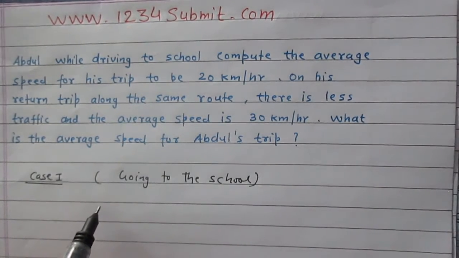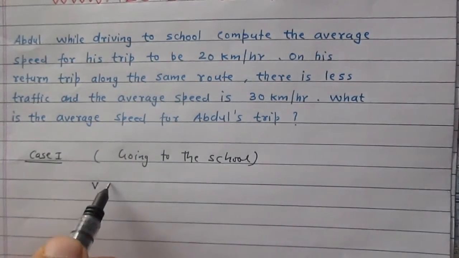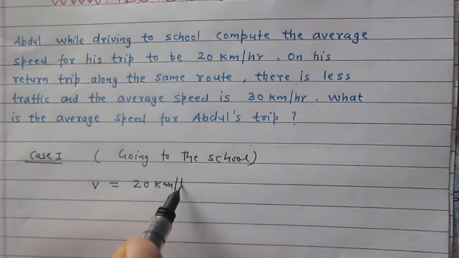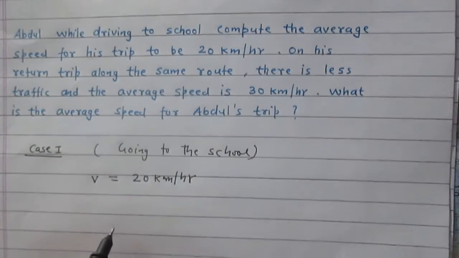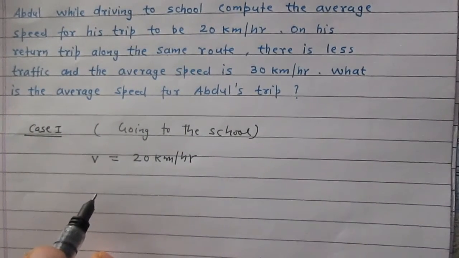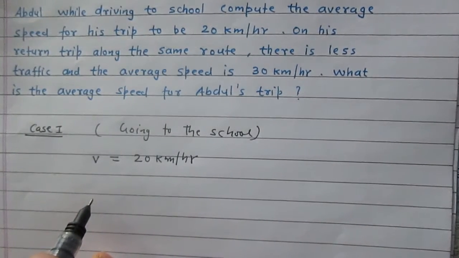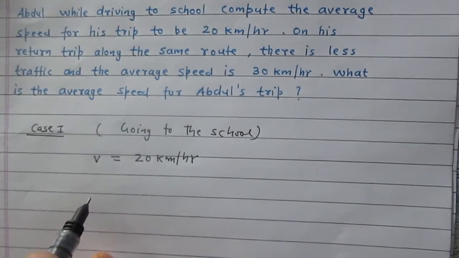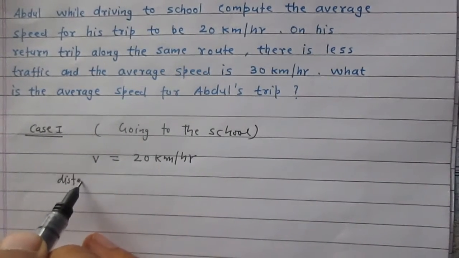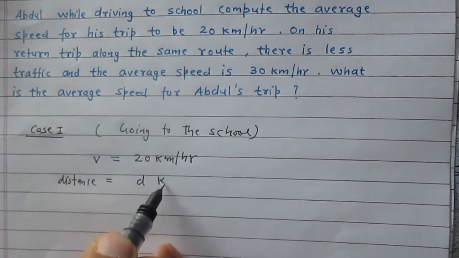So average speed, let's consider it V, is 20 km per hour. Let us assume that the distance traveled by Abdul in the first case while going to school is D. So the distance traveled by Abdul in case 1 is D kilometers.